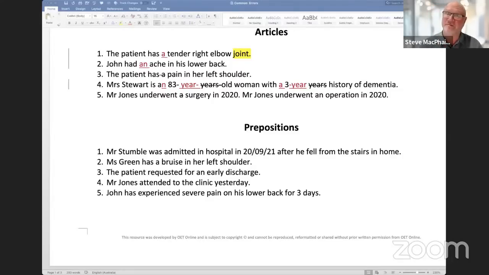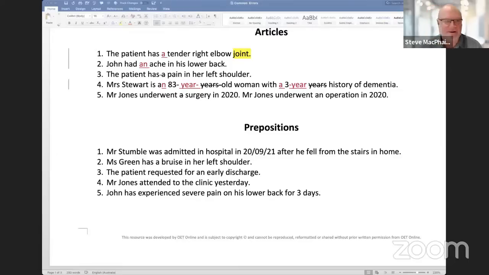So you just have to be familiar with where these words are used, and you get that by reading and listening and building that awareness. But in the basic form, ache is countable, pain is uncountable, and surgery is uncountable, whereas operation is countable.